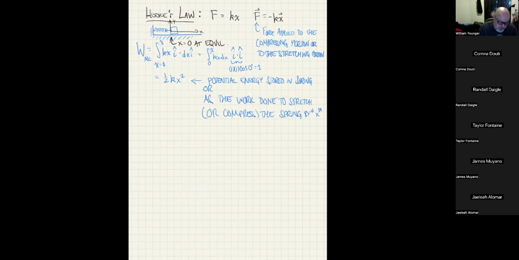So I'm going to say work equals potential energy equals 1/2 kx squared. And I'm going to box it all off with this red one. And that's how you deal with a variable force.